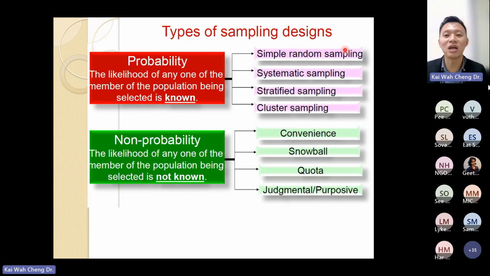So this is just an overview, and I hope I can create an awareness for you to explore more after you attend the training today. So this is what I want to share with you today: we have two groups of sampling technique. Number one, probability sampling technique, and number two, non-probability sampling technique.